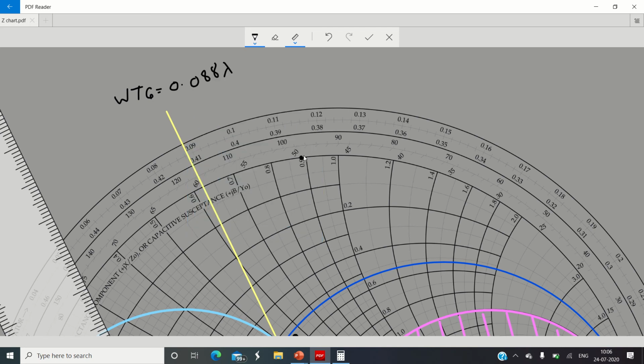So this point represents j 0.88, that is the imaginary part, please remember, which is located on the periphery of the Smith chart. What you need to do next is connect this imaginary point which we have plotted with the center of the Smith chart.